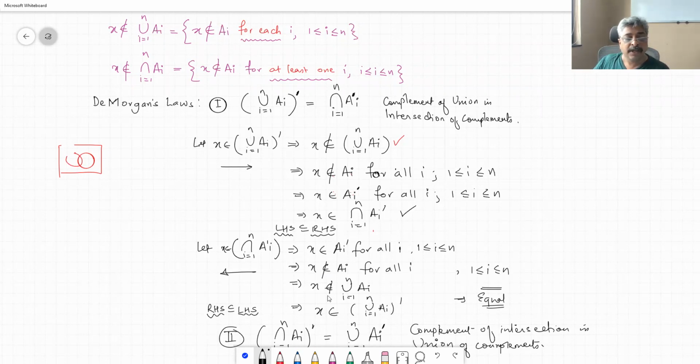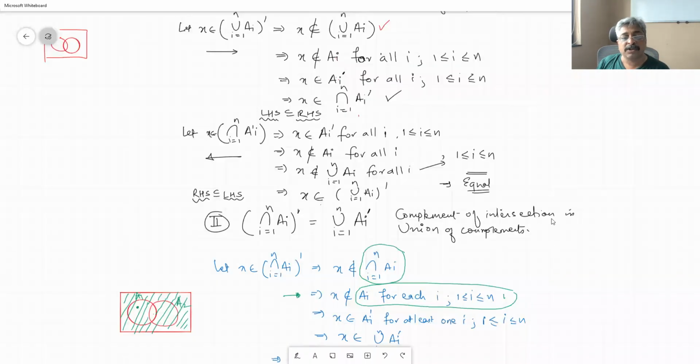That means x does not belong to the union of Ai for all i such that this, that means x belongs to the complement of this. So for the first De Morgan's law, everywhere it is for all.